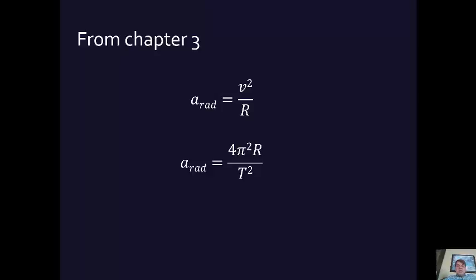And if T stands for the period, the amount of seconds for one cycle, then we can use a formula that connects velocity with the amount of distance per time. We can substitute that in to get the second formula on this sheet, namely that radial acceleration is 4 pi squared times the radius divided by that period squared. All of that has to do with describing circular motion.